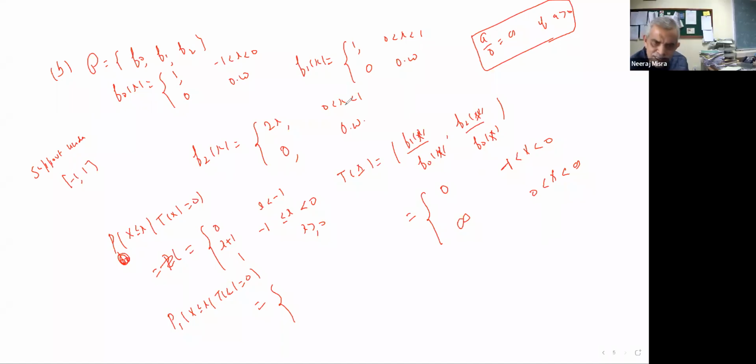This probability under P1 that x is less than or equal to x, given that T(x) equal to 0 means x lies between -1 and 0, is the same as under P1, x less than or equal to x with -1 less than x less than 0, divided by P1 of -1 less than x less than 0.